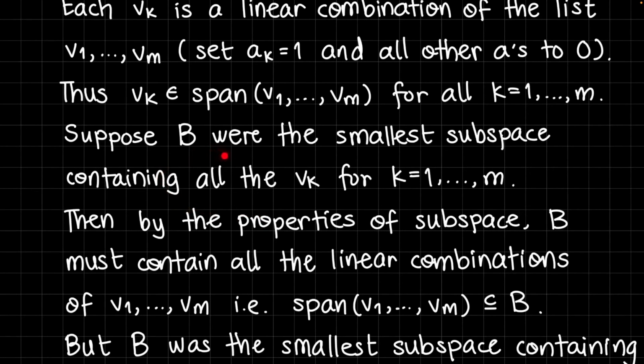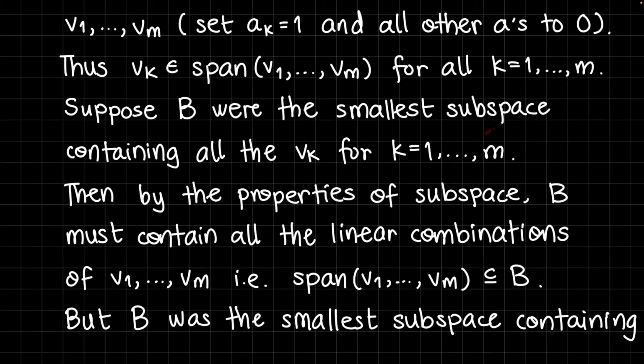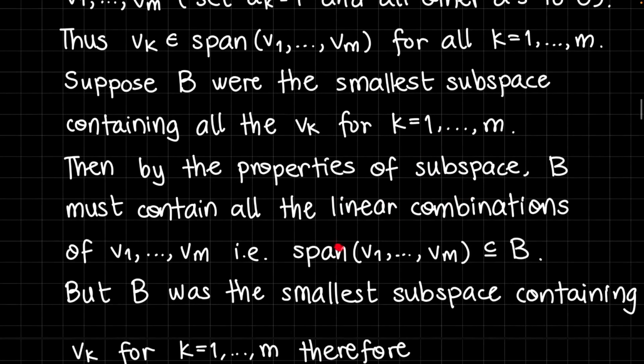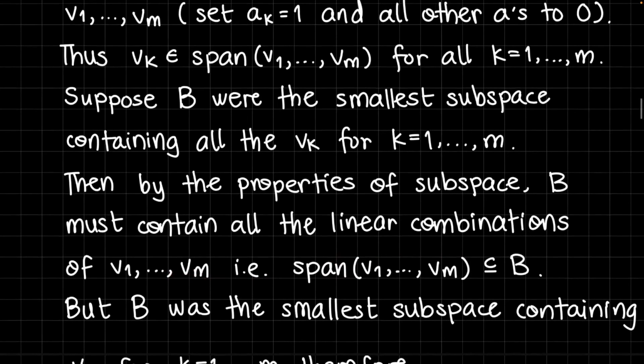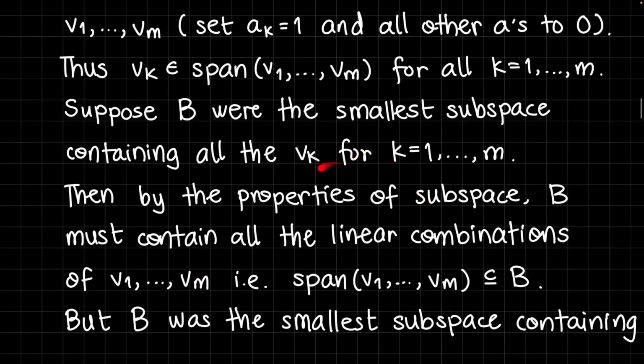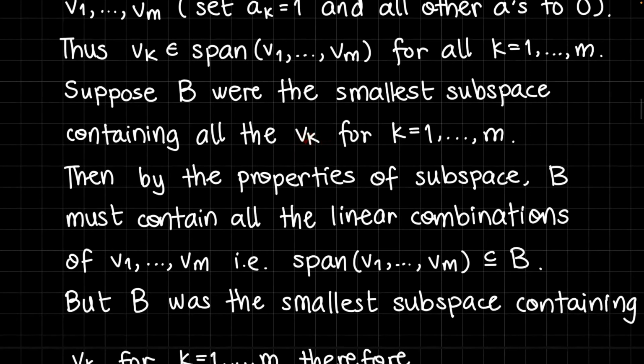Now suppose B were the smallest subspace containing all the vk for k equals 1 through m. Then since it is a linear subspace, B must contain all the linear combinations of things it contains. By our first assumption, B contains all the elements in the list, and since it is a linear subspace, it must also contain all the linear combinations of elements of the list, because it contains the elements of the list.